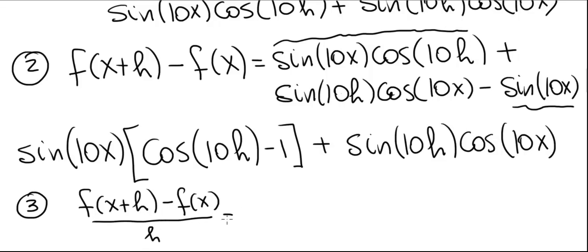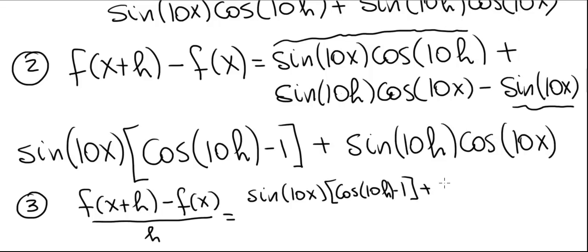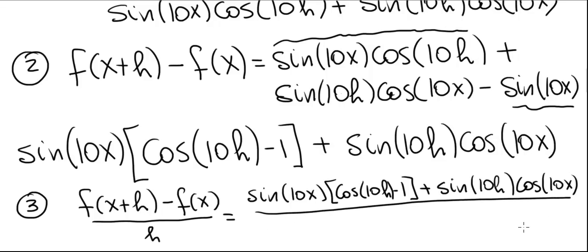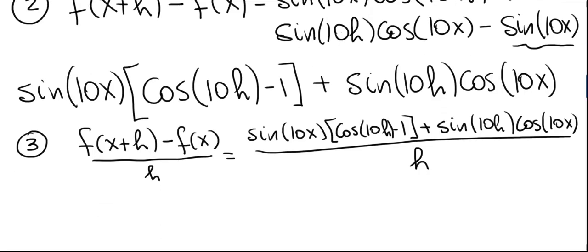So all we're going to do here is take the end result of step 2, which is sine 10x times the quantity cosine 10h minus 1 plus sine of 10h cosine of 10x, and divide all of that by h. There's nothing more that can be done. The derivative will be computed once we take the limit.